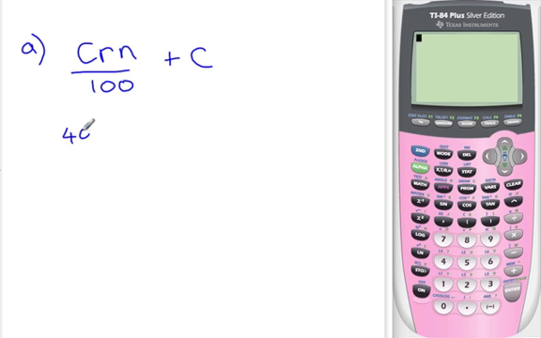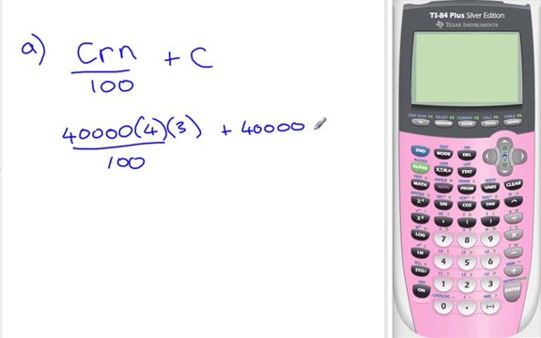So 40,000 is how much we put in, times R, which is 4, times N, which is 3 years, over 100. That's going to give us our interest, and then we need to add that interest onto what we started off with, our original capital.